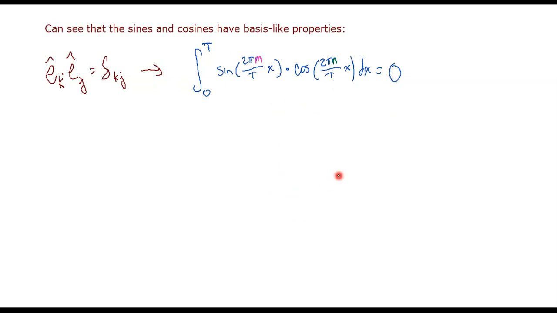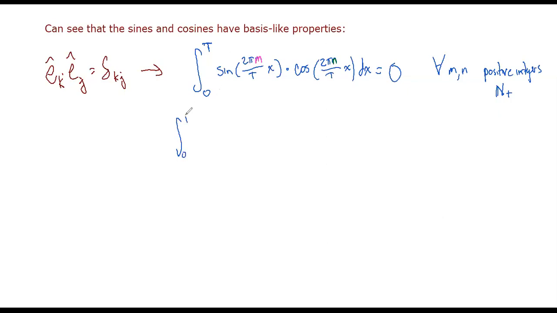So this is free for all m and n, which are, as a reminder, positive integers. I think the symbol for that is like an N with a plus on it, but we're a physics class, so who cares? Okay, so that's great. That's really Kronecker delta-like.